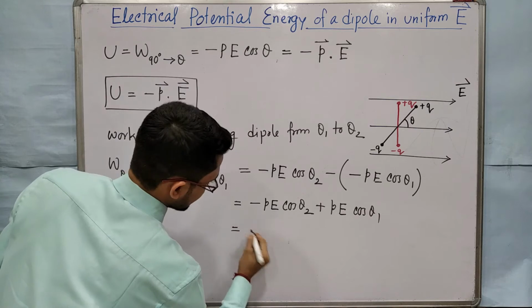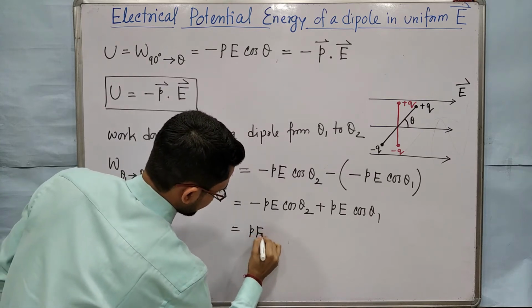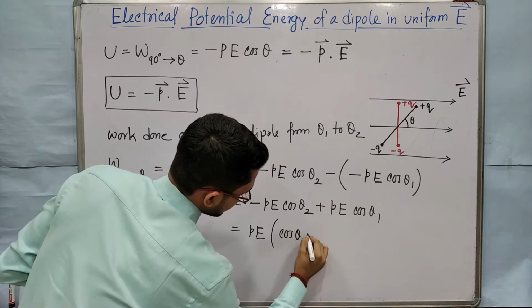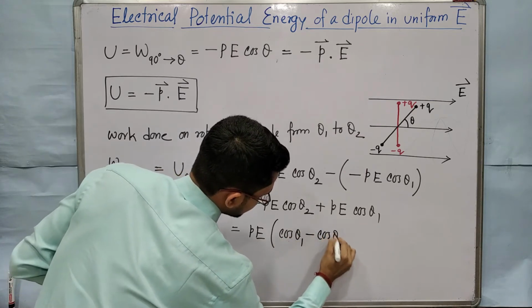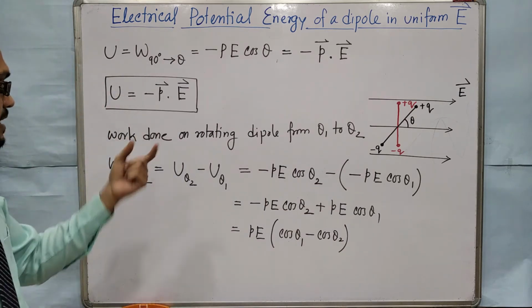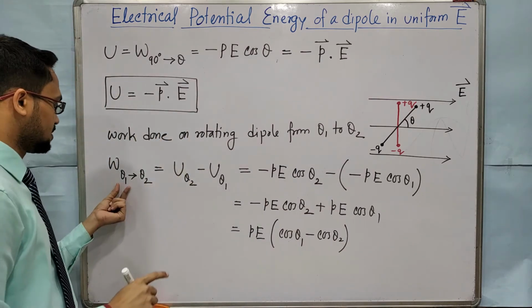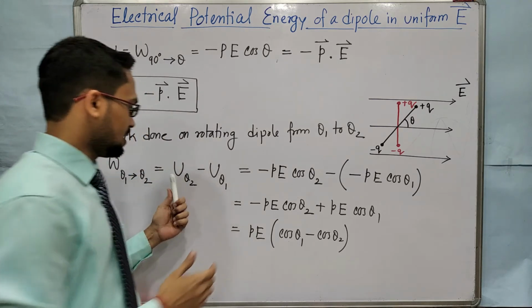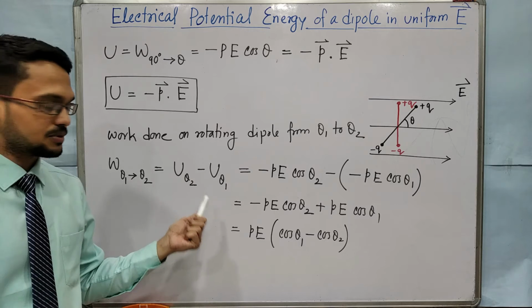Take PE common, it will be PE times cos theta 1 minus cos theta 2. This will be the work done for rotating the dipole in a uniform electric field from theta 1 to theta 2. Final potential energy minus initial potential energy.